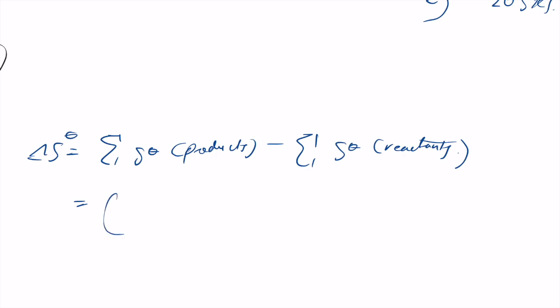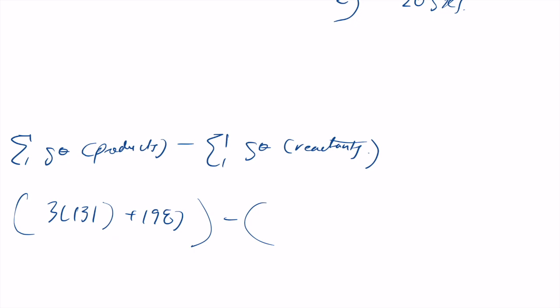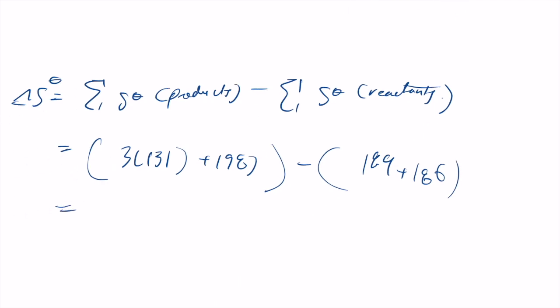So we have 3H2, so we need to multiply 3 by the entropy of H2, plus 198, which corresponds to CO, and then 189 plus 186, sorry, not 18. And so the value I got was 216 J, not kJ, 216 J K^-1. Okay.